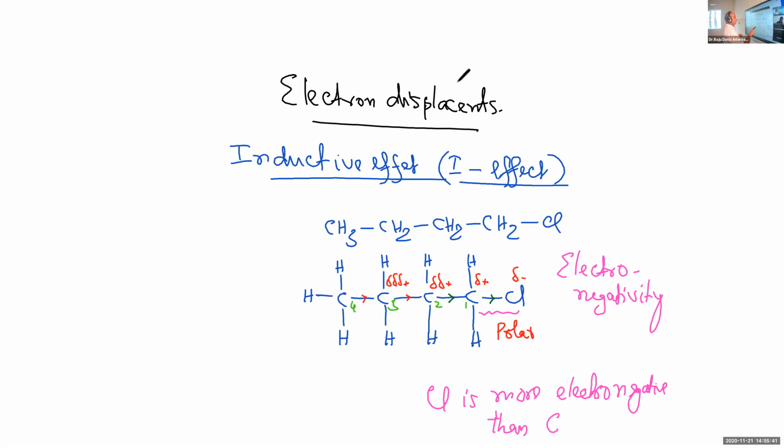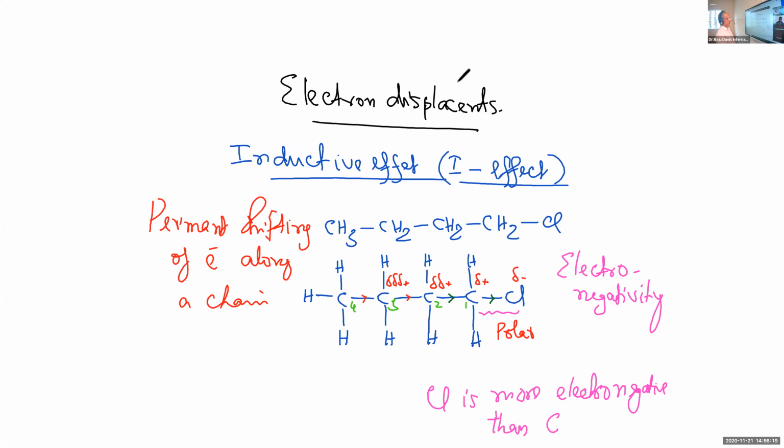Due to the polar covalent bond already present, the electron pairs will be shifted. There is a permanent shifting of electrons along a chain of atoms, and that property is called an inductive effect.